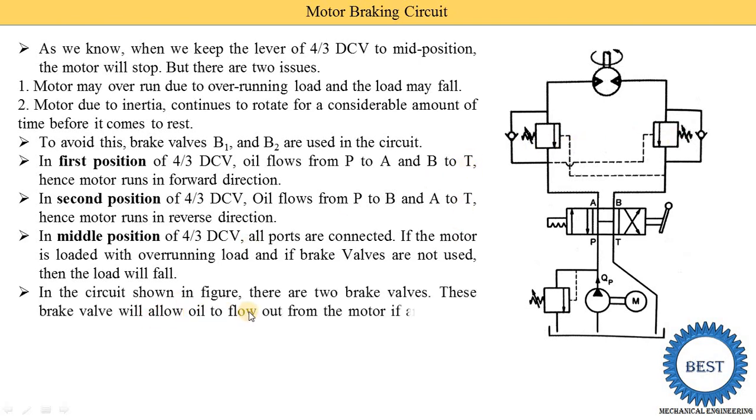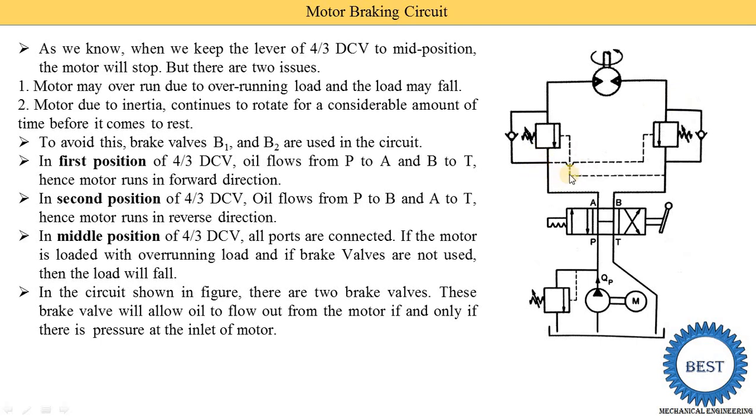In the circuit shown in the figure, there are two brake valves, and these brake valves allow oil to flow out from the motor if and only if there is pressure at the inlet of the motor. Suppose the oil is supplied from this A port to these lines, and there is pressure, and due to this pressure the brake valve is operated.